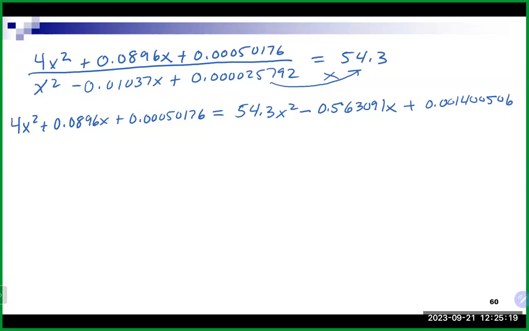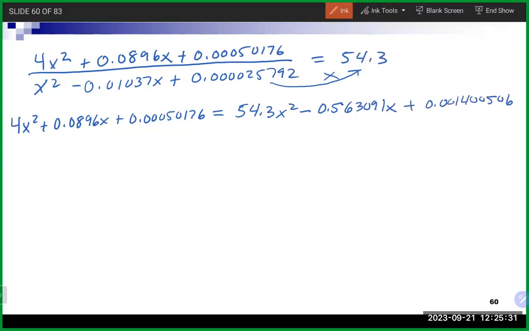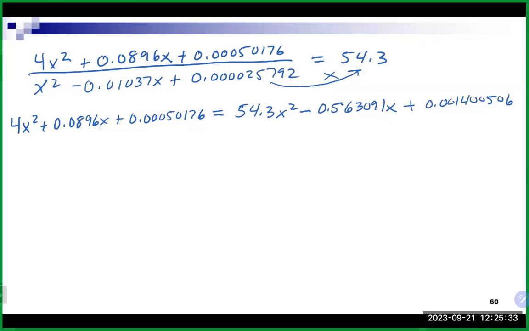All right. So now we're going to bring everybody to one side to combine everybody up. Again, I'm going to keep probably the x squared positive. So I'm going to take everybody that's on this side and bring it over to that side to bring it all together.